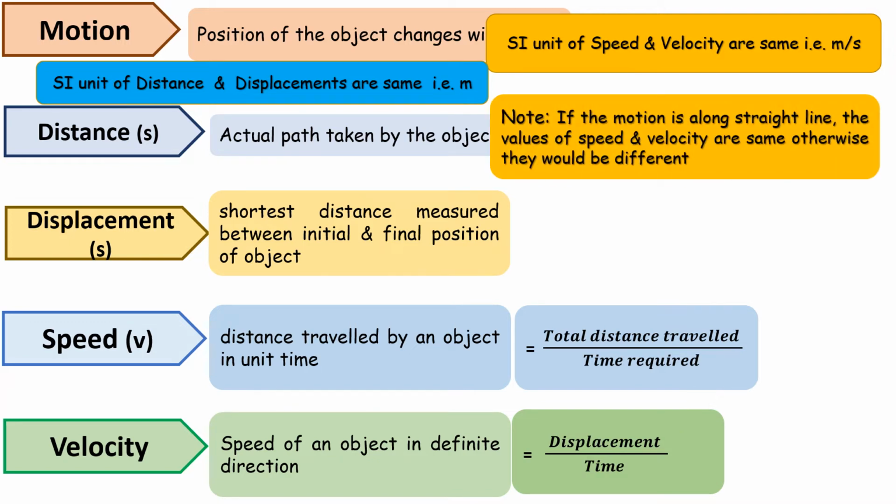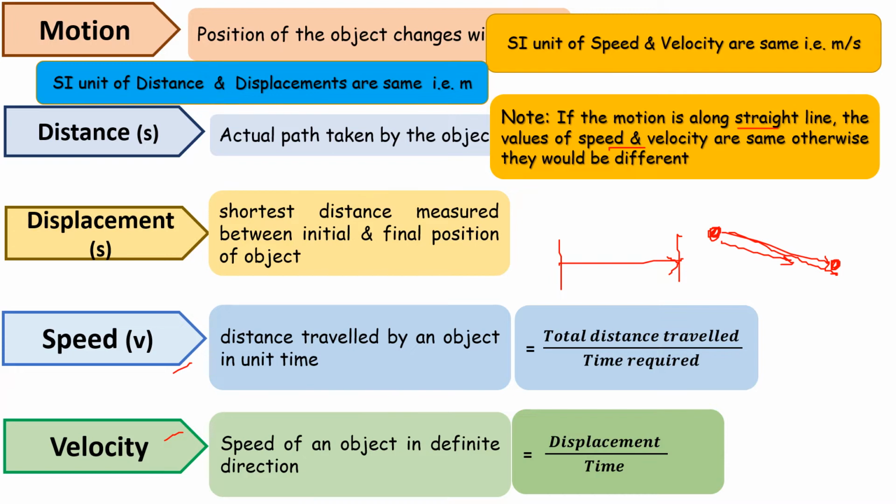However, one should also note that if the motion is along a straight line, then there is no difference between speed and velocity, or we say speed and velocity are the same, provided the distance is along a straight line. Like in our case, if you would have traveled from home to school directly, then your speed as well as your velocity would have been the same, because the distance and the displacement are the same in this case.